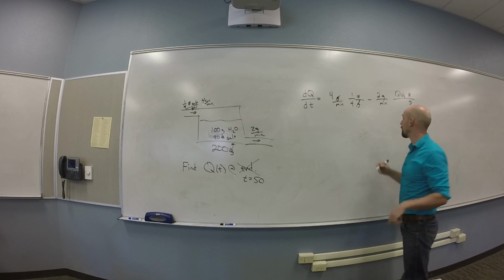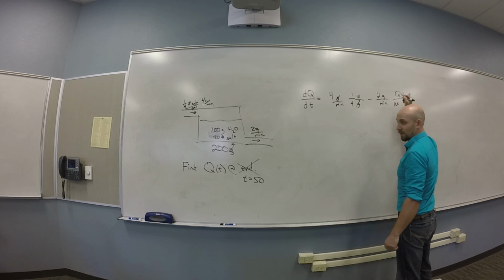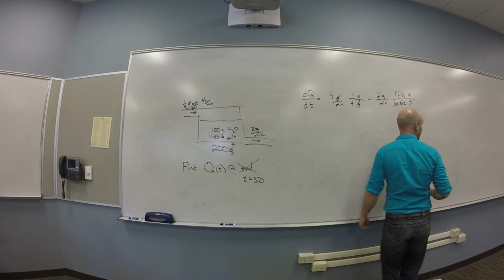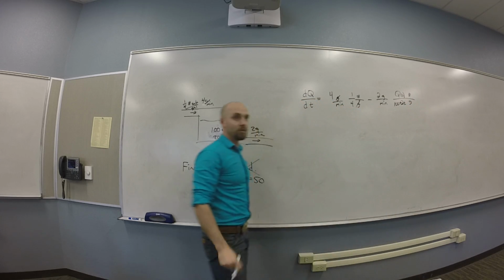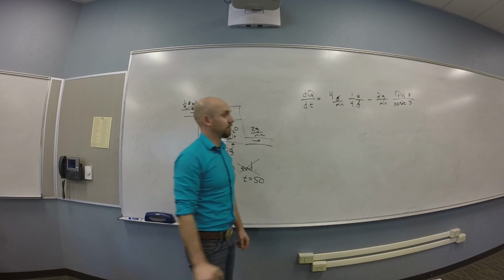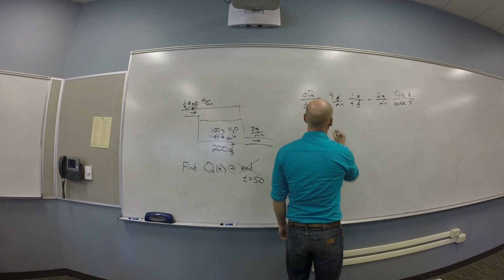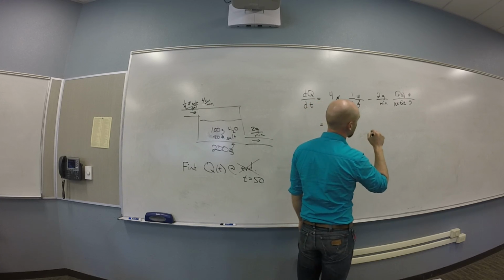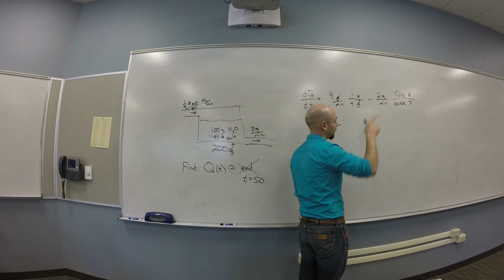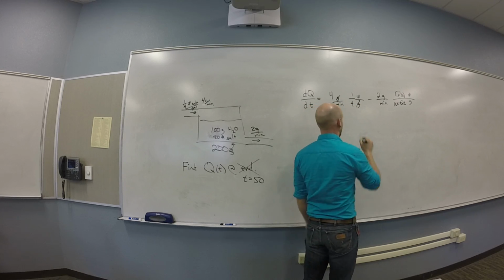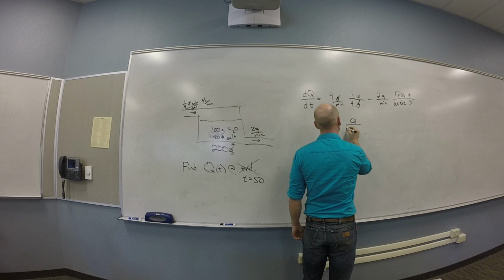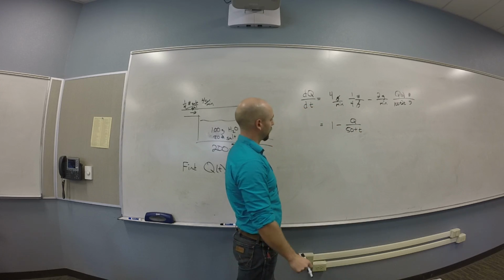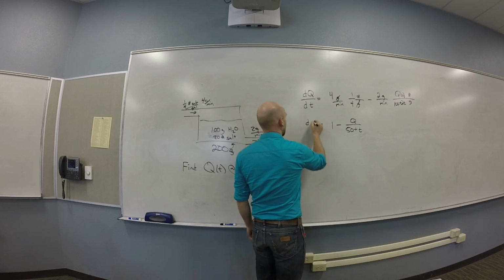That's 100 plus 2t, twice the number of minutes that have passed, because you get 2 new gallons for every minute. So all told, I think that's dQ/dt equals 1 minus Q over 50 plus t. Okay, cool.